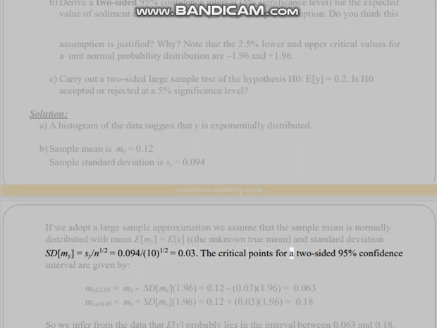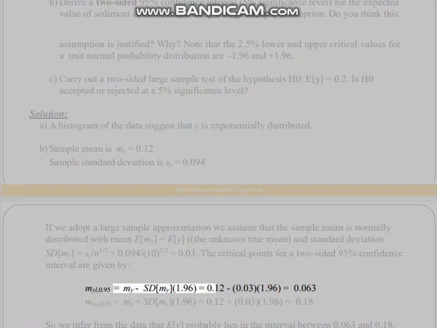The critical points for a two-sided 95% confidence interval are given by mu_lower,0.95 equals mean minus SD[mean] times 1.96 equals 0.12 minus 0.03 times 1.96 equals 0.063, and mu_upper,0.95 equals mean plus SD[mean] times 1.96 equals 0.12 plus 0.03 times 1.96 equals 0.18. So we infer from the data that E[Y] probably lies in the interval between 0.063 and 0.18.